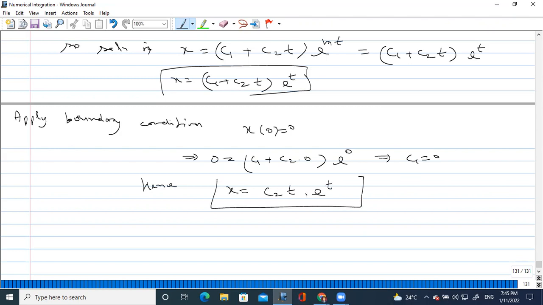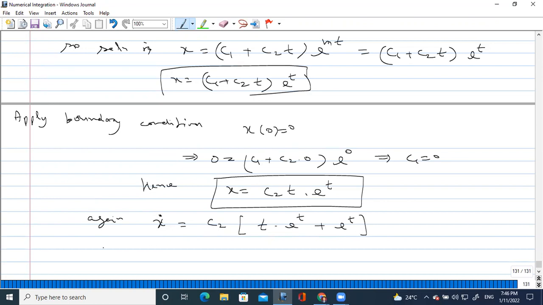Now we have to find out the c2 value. So again we have to find x dot. Because it is t into e to the power t, we have to differentiate with respect to t. So x dot is c2 (t e to the power t plus e to the power t).